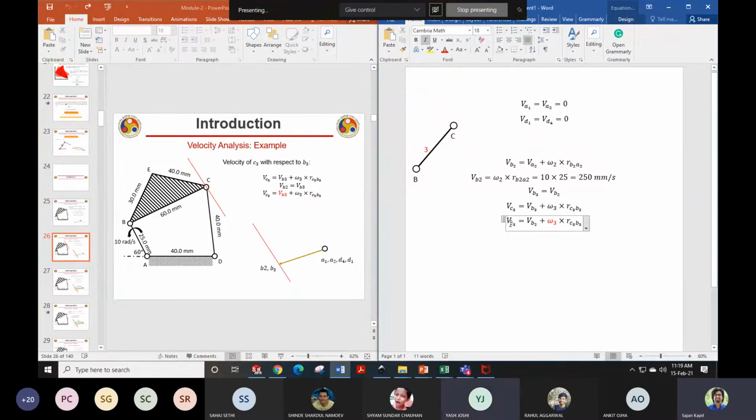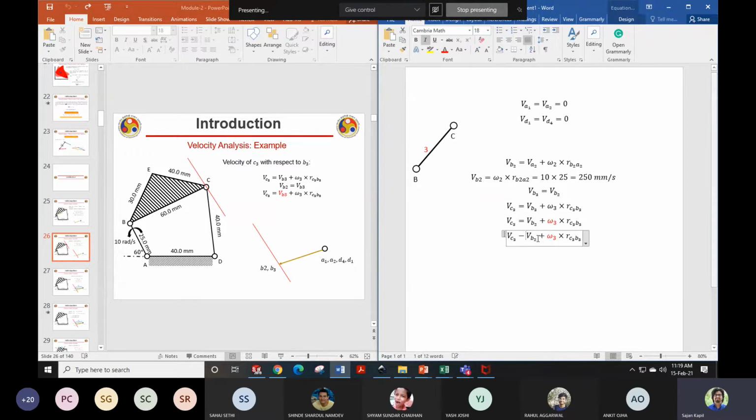Now, if I look at this VC3, it will lie definitely on the line perpendicular to the vector BC, this position BC. That I'm very sure. I'm talking about the velocity of C3 with respect to B. Let me just rewrite it, then you will have a better idea.